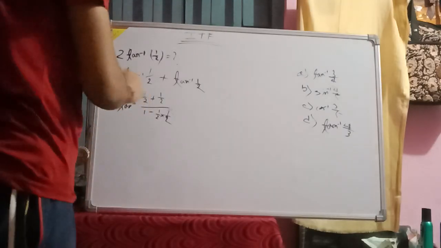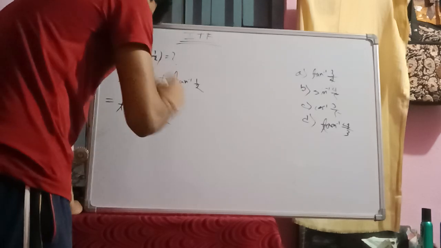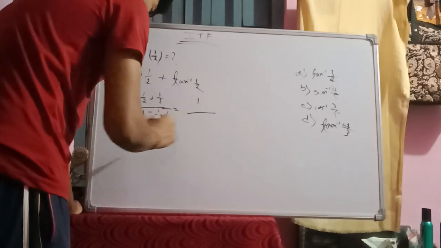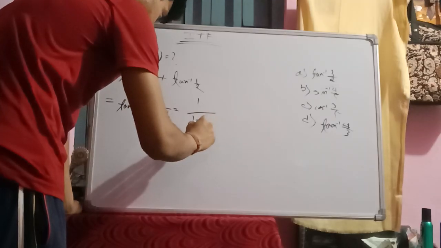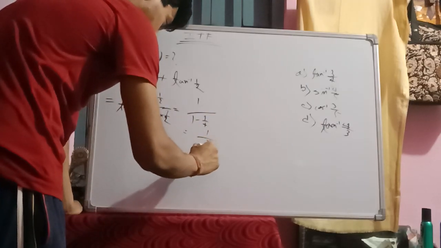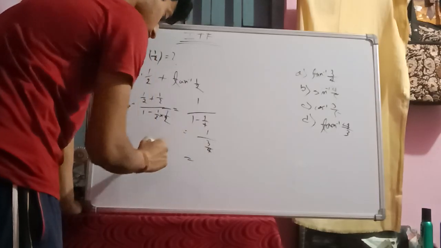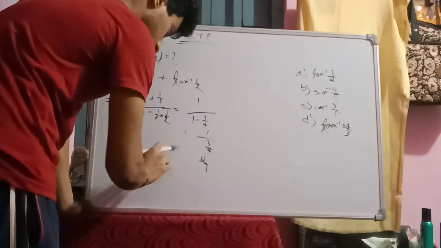I had actually proved this in the previous videos. So this will become 1 on top, and then at the bottom we would have 1 minus 1/4. This will be 1 over 3/4, which will be the same as 4 over 3, and we are going to have a tan inverse in front.